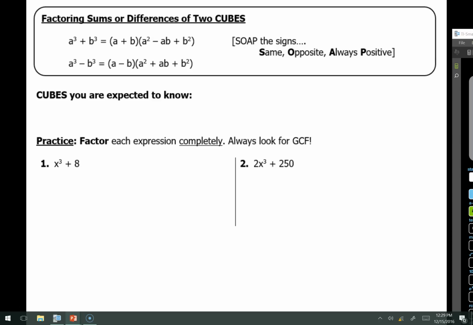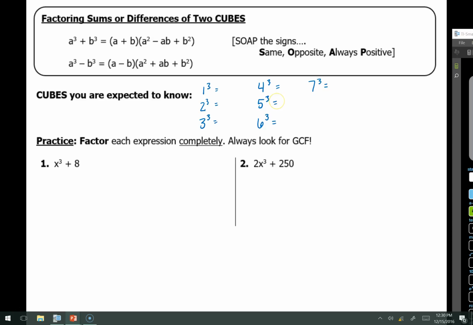Do you remember the cubes that you're supposed to know? 1 cubed, 2 cubed, 3 cubed, 4 cubed, 5 cubed, 6 cubed, and 7 cubed? These were all on that sheet of perfect numbers that I asked you to memorize back in chapter 4.